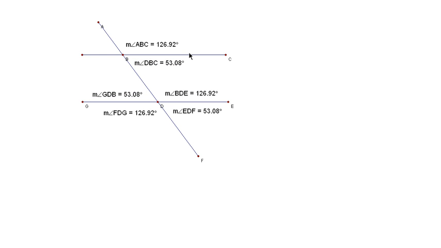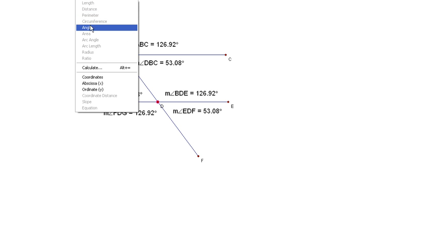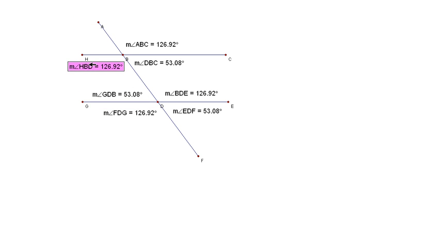Okay, and so you can see another Z-like pattern. It's a backward Z here. We have this angle. So just from this alone, we can figure that this is going to be 126.92. Okay, so if I measure this angle here, that one will be the same as this one because of that backward Z pattern there.